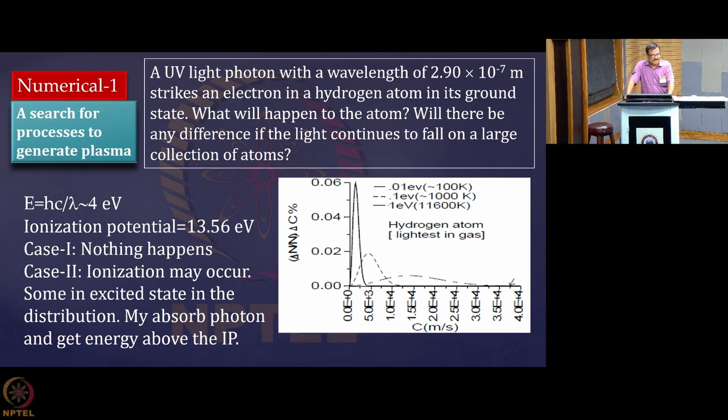When they collide with hydrogen atoms, they will excite them to an appreciably high energy state, and from that state, if it receives a photon of say 4 eV, it may be sufficient to just make it ionized.